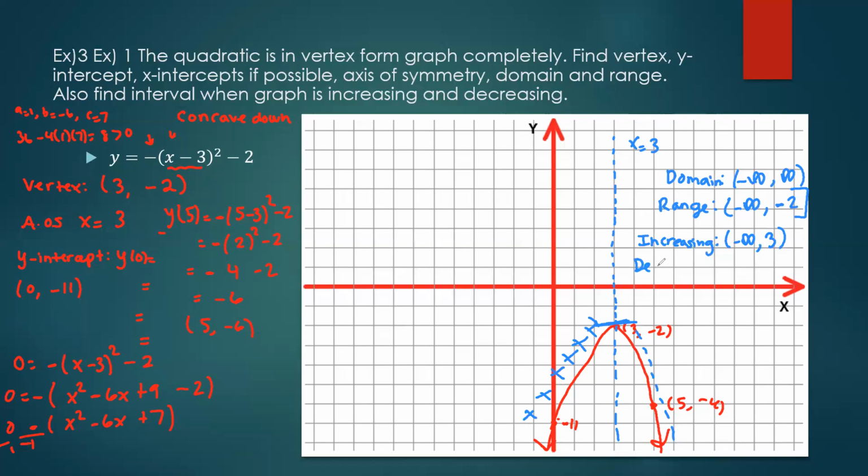And then it's decreasing from 3 to positive infinity, right? So the x value from here is from 3 to positive infinity. And that's it.